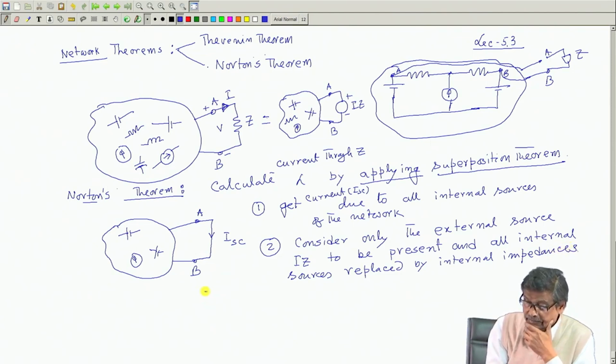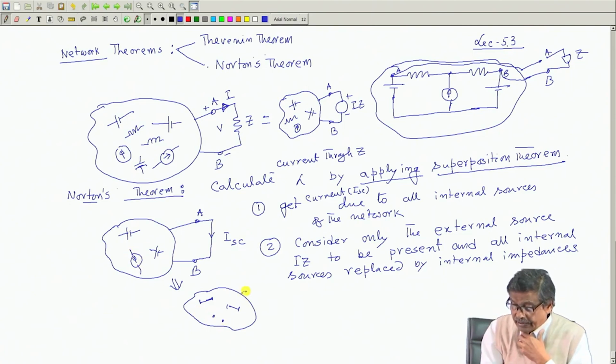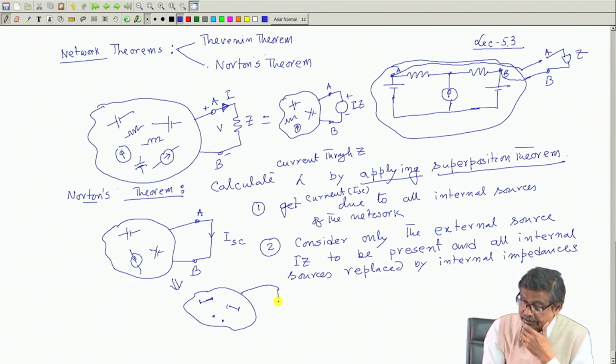Means what? This is the same network. After this, step 2 I am doing. Here this source I should short, this source I should short, and this current source open circuited. This is what I will do, and here I will say I have connected only this voltage source. What is its value?